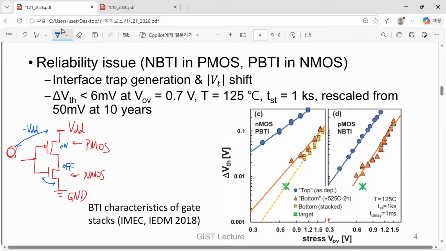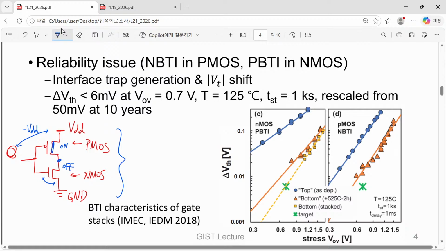We have a lot of holes beneath this position. Now what happened? This one becomes extremely low resistive, and this one becomes extremely highly resistive. So most of the voltage between ground and VDD should be applied to only this NMOS part.